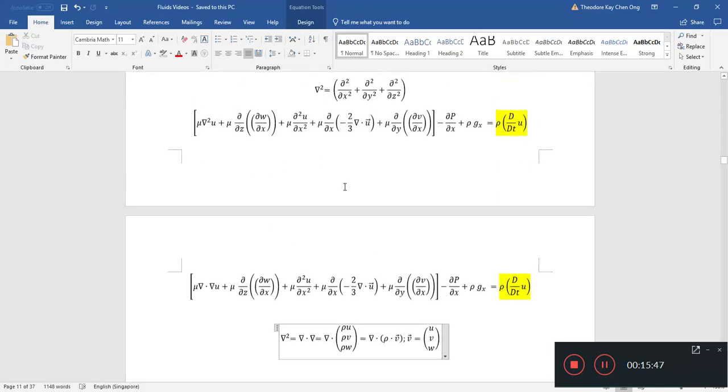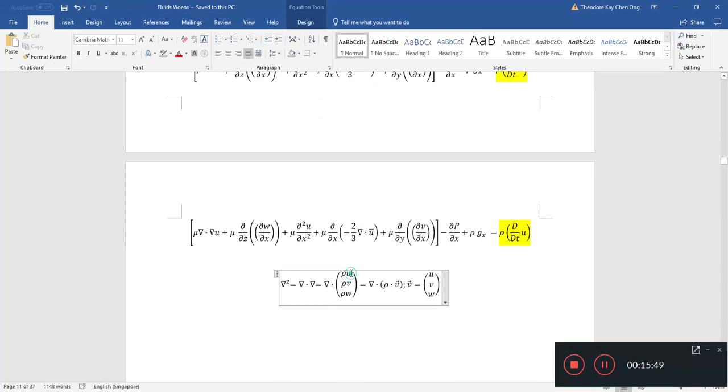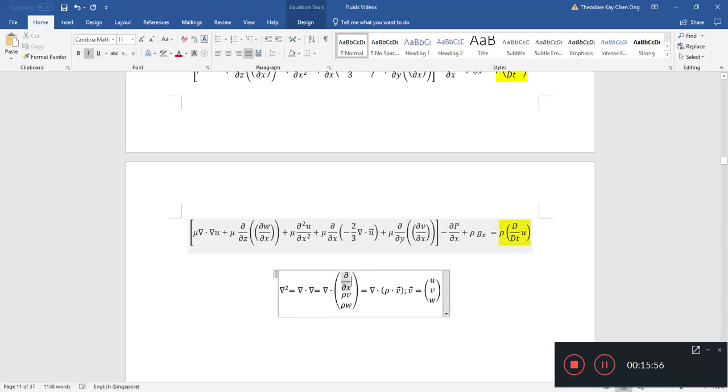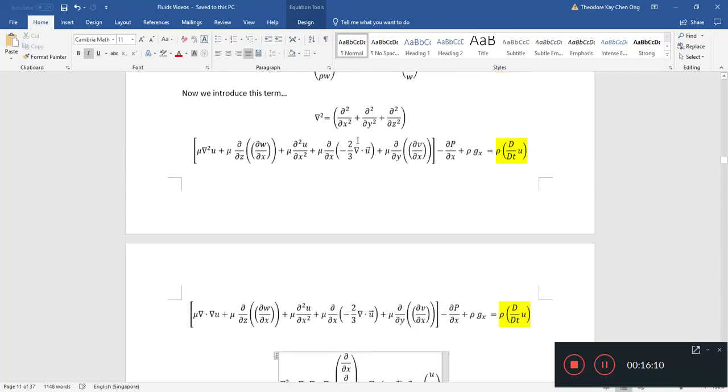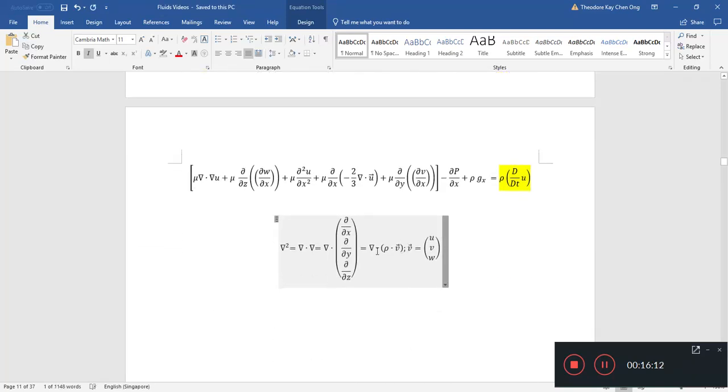So we'll have a del by del x, del by del y, and del by del z. So we are doing this just to make it neater, if not the equations are very long. Alright, so it will just end up being the same thing. That's all we are doing here.